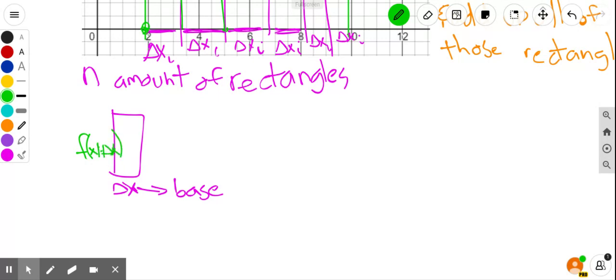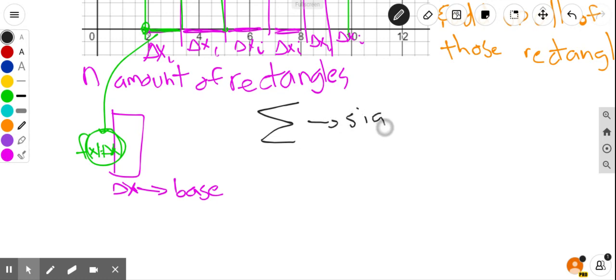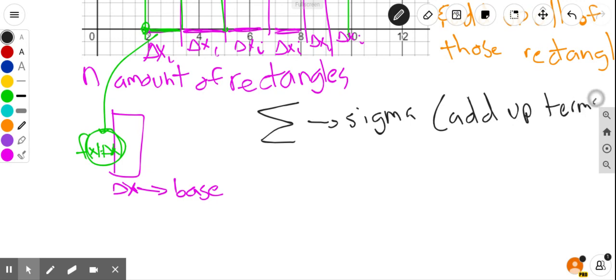To go from here to here, that's what the input is right here, okay? And I want to add all these up. So to represent that addition, mathematicians have a symbol called sigma. And that's to add up terms. Rather than write out every single one, if I have a pattern, I can just use this right there.